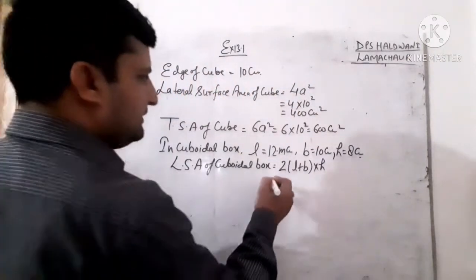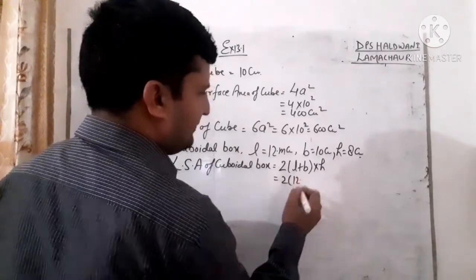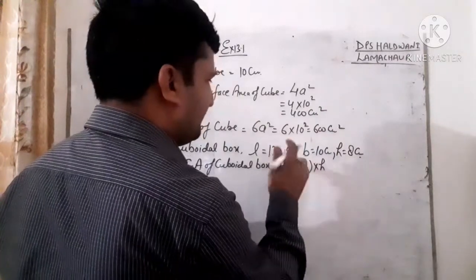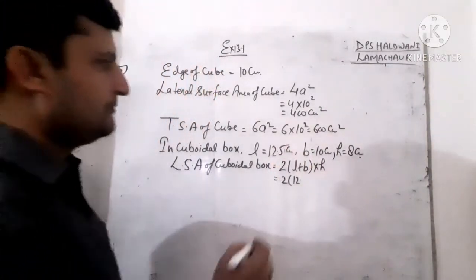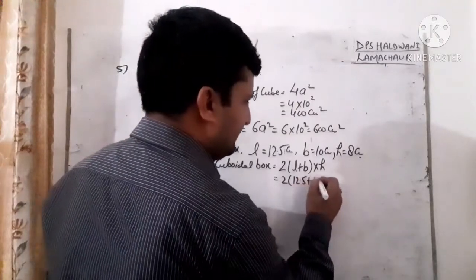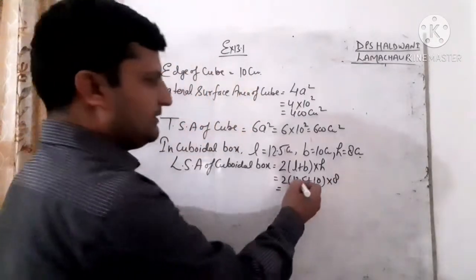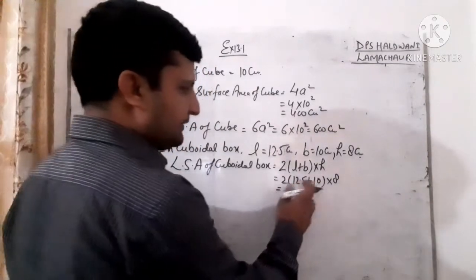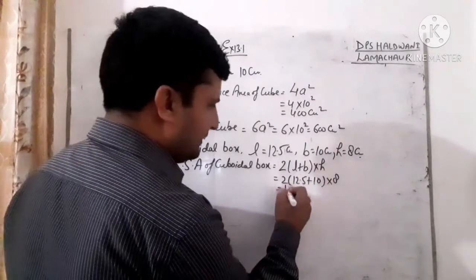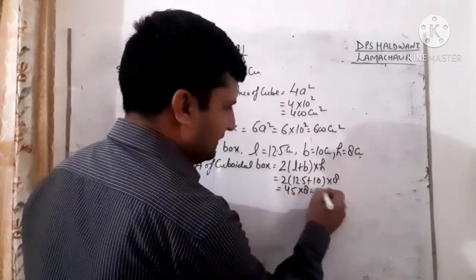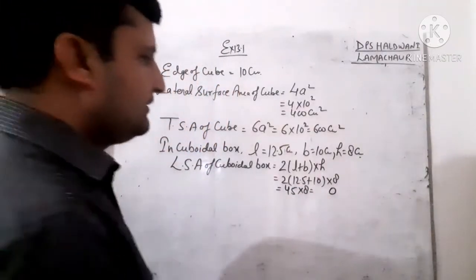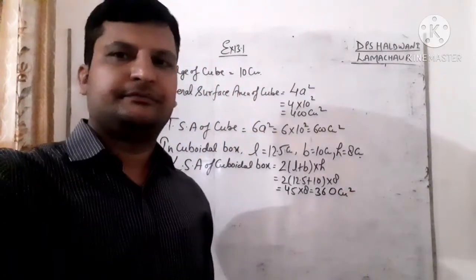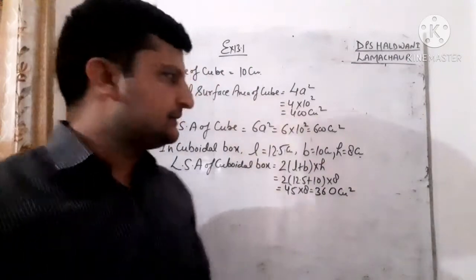So we can find it easily: 2 into 12.5 plus 10 into 8. 12.5 plus 10 is 22.5, 22.5 into 2 will be 45, 45 into 8 is 360 centimeter square. So students, this is coming 360 centimeter square.